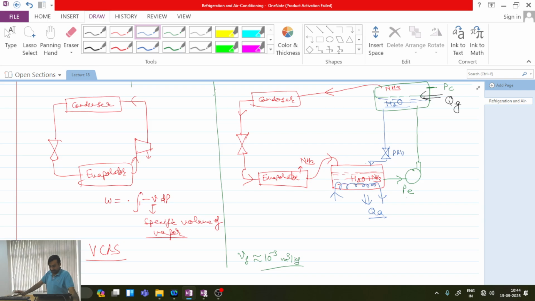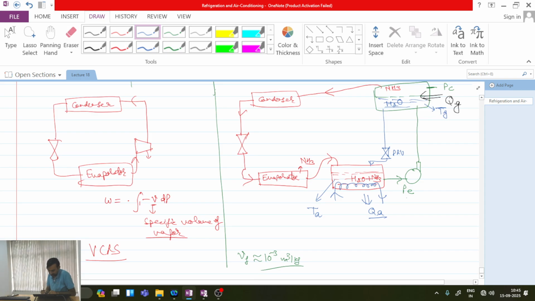One important thing we need to consider here is that I have added Qg amount of heat to the water, so the temperature of the water will be high, say Tg. But our requirement is to maintain a low temperature, say Ta, over here. This water is coming at Tg temperature and here I need to maintain Ta temperature.